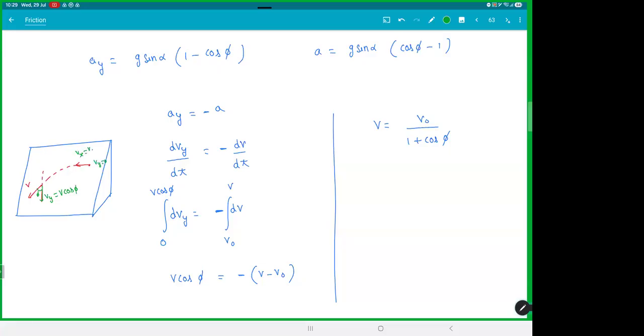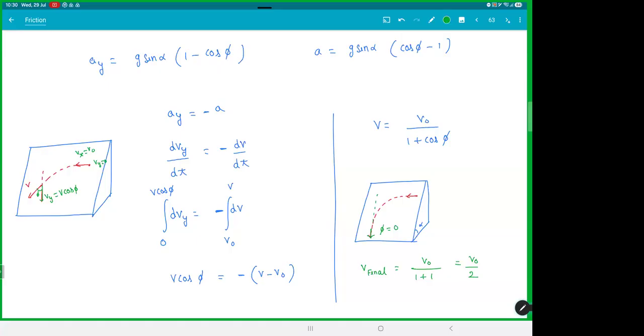Initially your Vx was V0. That was your total speed. And eventually you are going to become parallel to the surface. So when it becomes parallel to the surface here, phi becomes 0. He's asking what is this velocity? So this is the V final. V naught by 1 plus 1, V naught by 2. That's your final speed.